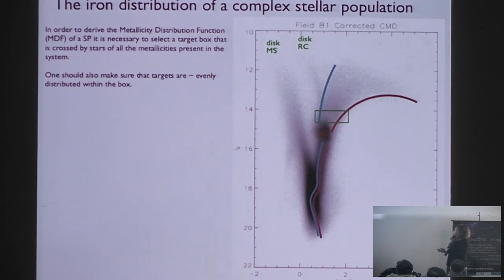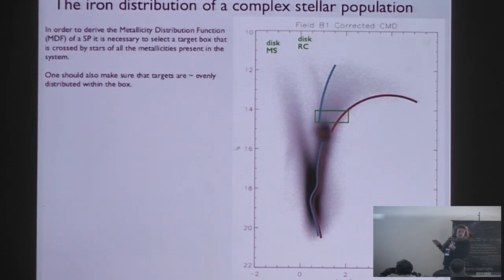So, for instance, it is very common that people select stars in the upper red giant branch because they are brighter. We could go down there, but the further down we go, the harder it is to get a good signal-to-noise spectrum. So we want to stay up above in the red giant branch, but if we go too high, then we need to sample a huge range in color.